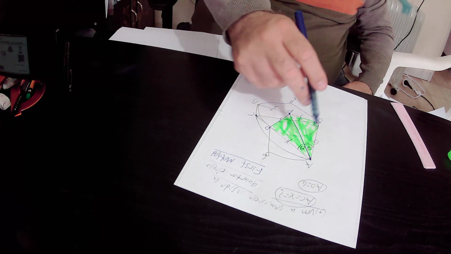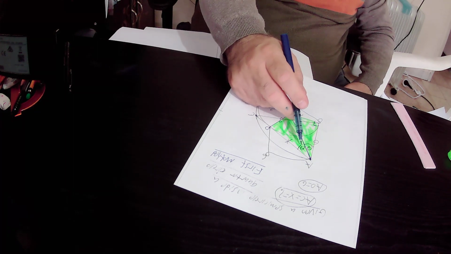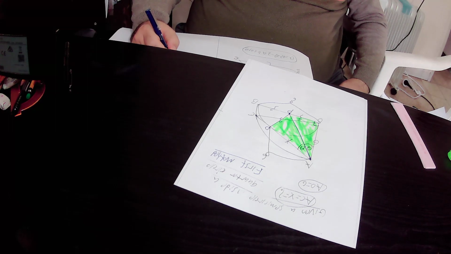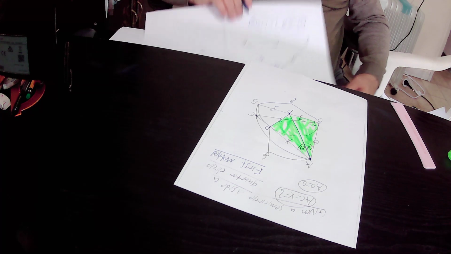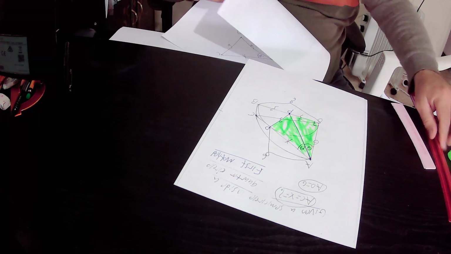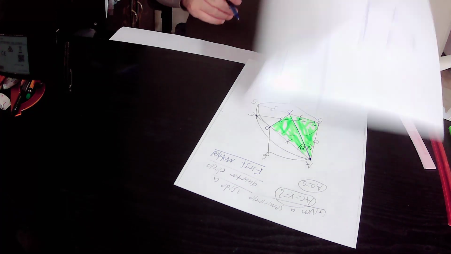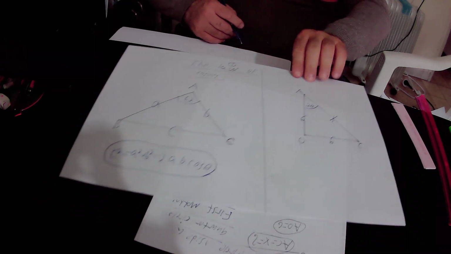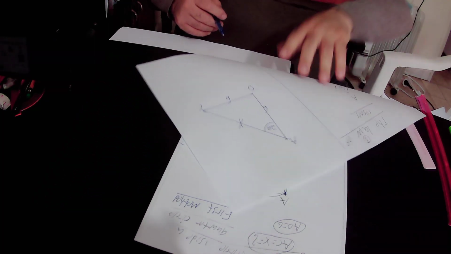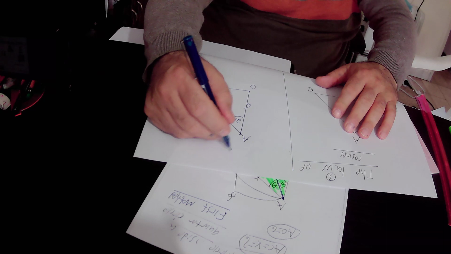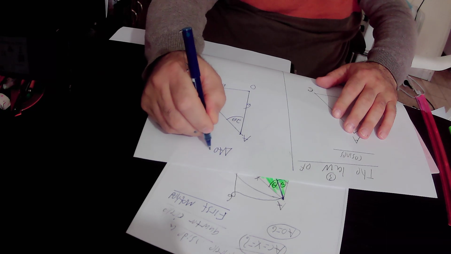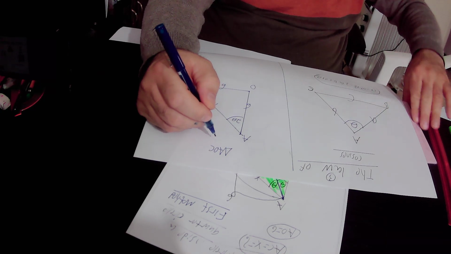AC is the line segment that we are looking for. And angle OAC equals theta plus theta, that is 2 theta. So this is triangle AOC that I copied from the original drawing.